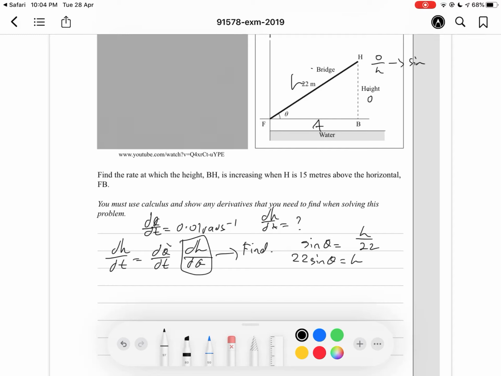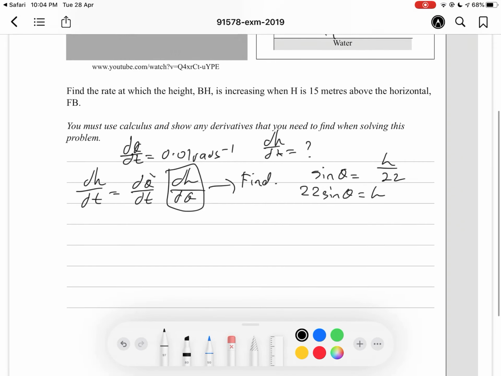So sine theta equals the height over the 22 meters. So now we can find the derivative. dH over d theta equals 22 cos theta. So now we can say 22 cos theta times d theta over dt equals dH over dt.